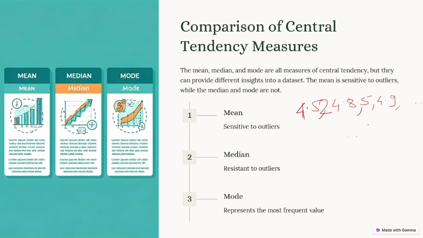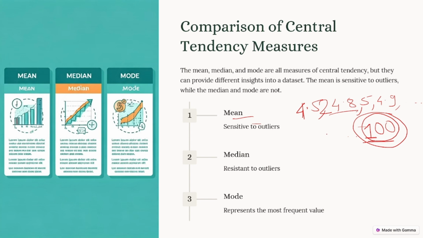And you have one more observation where the height of a student is 100. Is it possible? No, it's not possible. No one's height should be 100 inches. So in that case, definitely the mean is very sensitive to outliers.